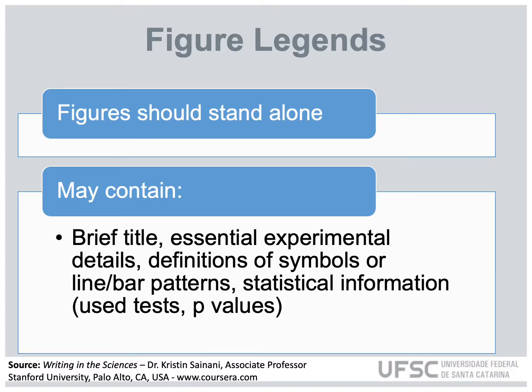Regarding figure legends, the figures should stand alone. They may contain a brief title, essential experimental details, definitions of symbols or line and bar patterns, and statistical information, the used tests, p-values, etc.